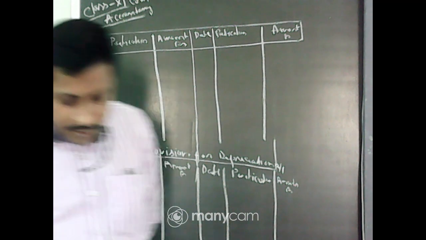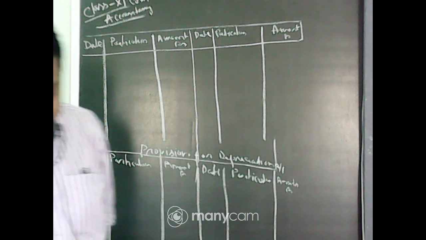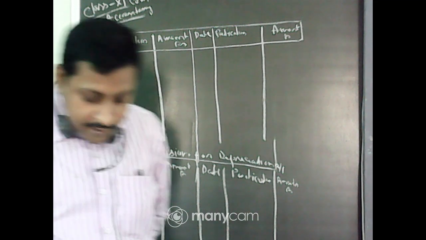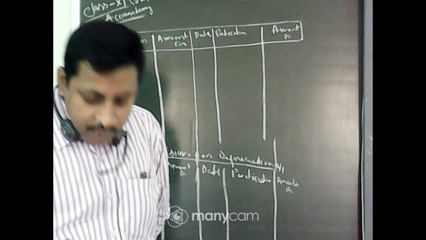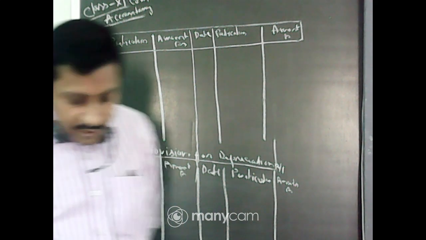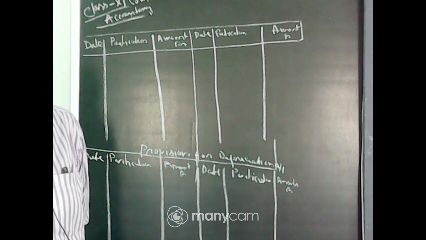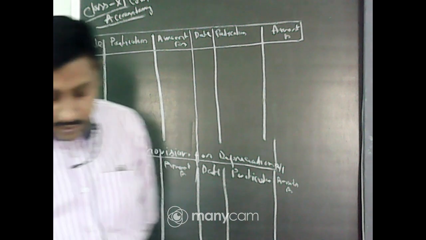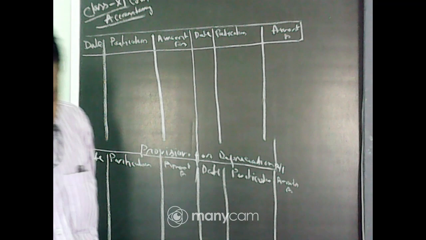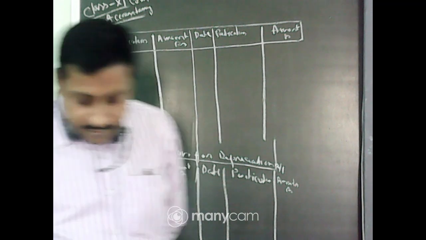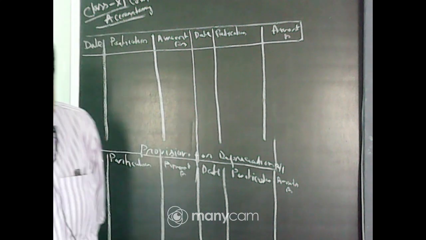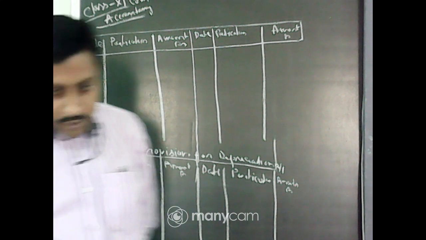Now look at question number 20 in the exercise of depreciation, provision and reserve, page number 287. A plant was purchased on 1st July 2015 at a cost of rupees 3 lakh, and rupees 50,000 were spent on its installation.